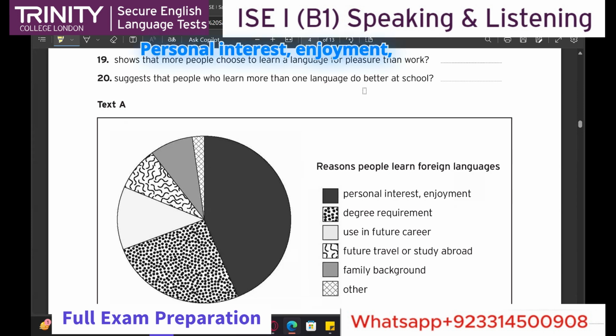Personal interest, enjoyment, degree requirement, use in future career, future travel or study abroad, family background, other. So if I would ask you, sir, according to this graph, what is the commonest reason for people to learn a foreign language? Common reason is personal interest and enjoyment. Beautiful. Very nice. You understand it.